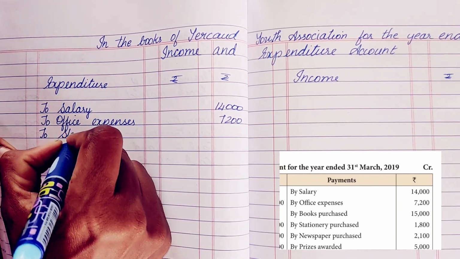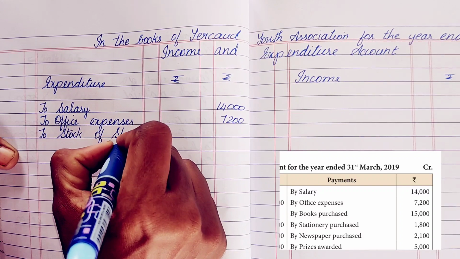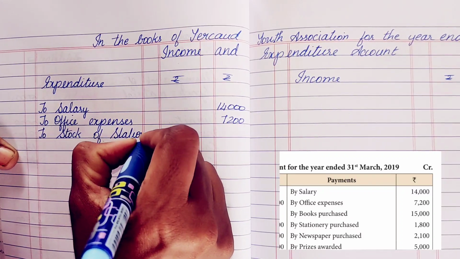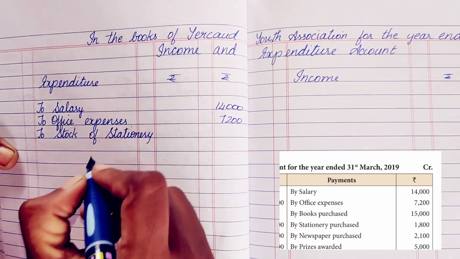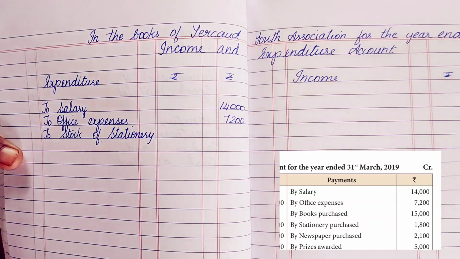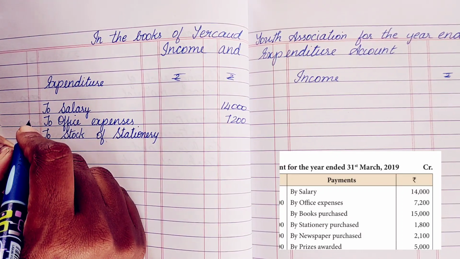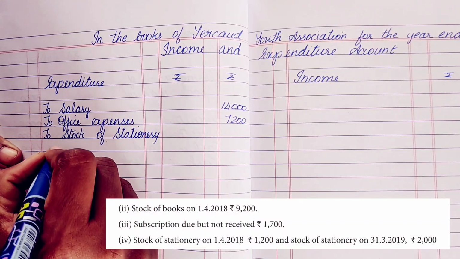Next we are going to record the stock of stationery purchase. Now in between that we have books purchase, which is an asset, so it goes to the asset side, the balance sheet. So here for stock of stationery, they have given us stationery purchase 1,800. We must go and check in the adjustments whether opening stationery is given or not.